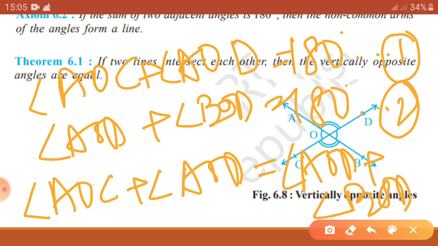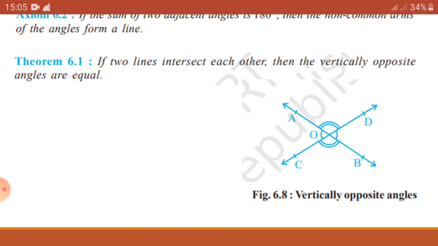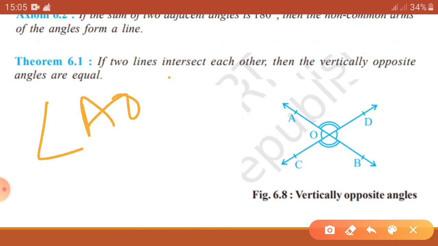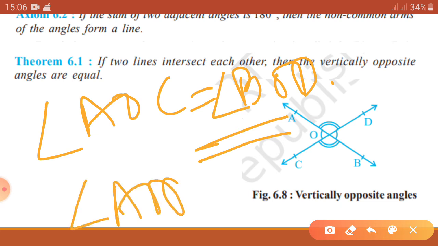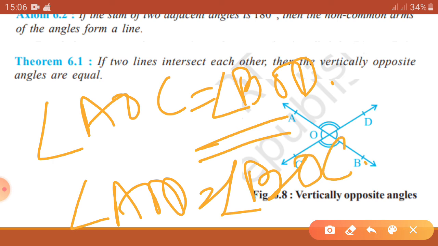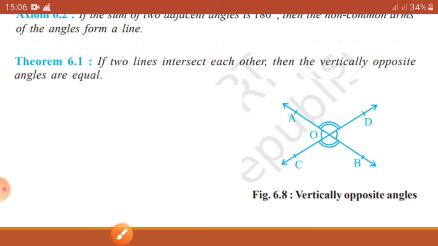On both sides we have AOD, so ultimately we get angle AOC equals angle BOD. Similarly you can prove that angle AOD is equal to angle BOC. Now let us do some examples based on the linear pair axiom and theorem 6.1.